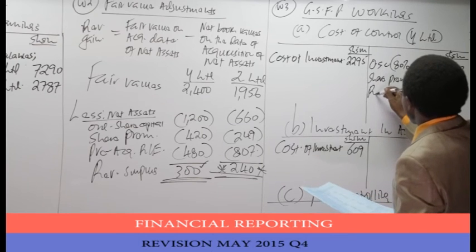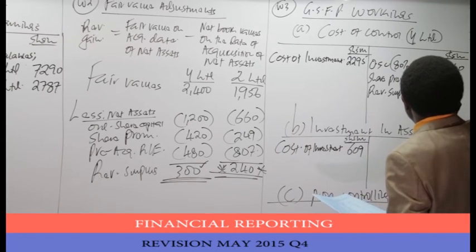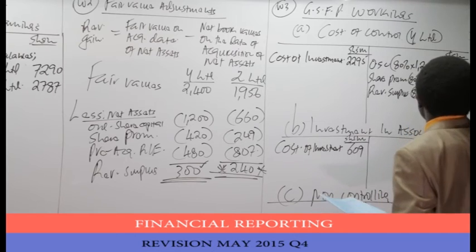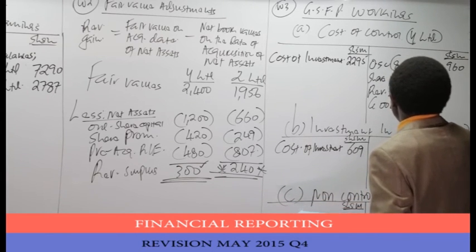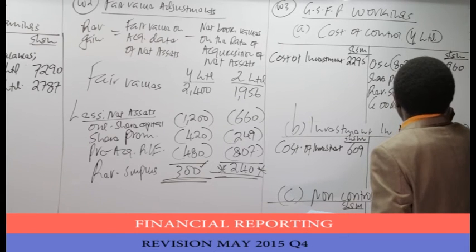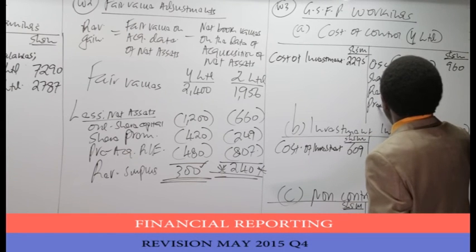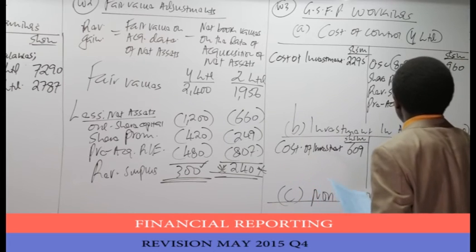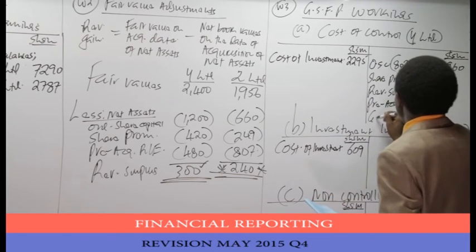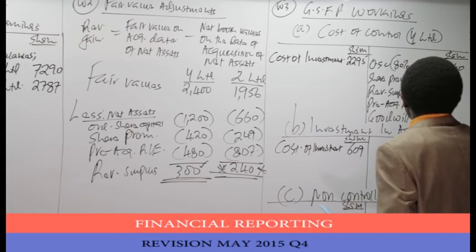We have a revaluation, 80% of 300. Before that, we also have pre-acquisition retained earnings. Then we are able to talk about goodwill being a balancing figure.